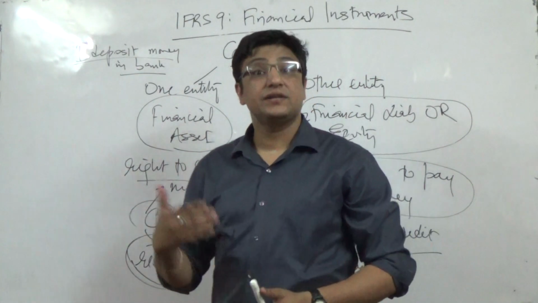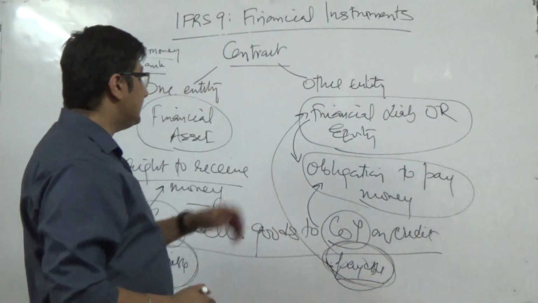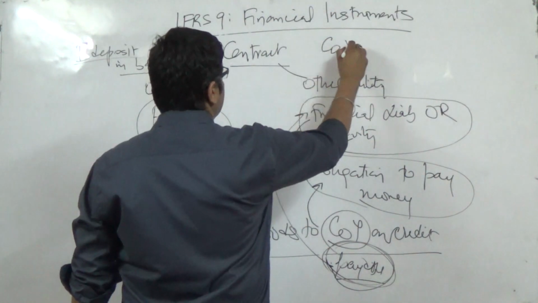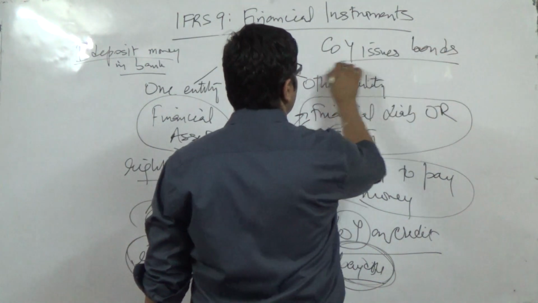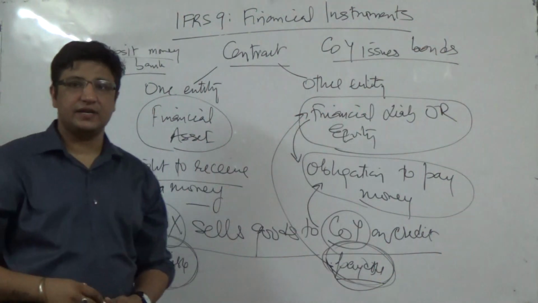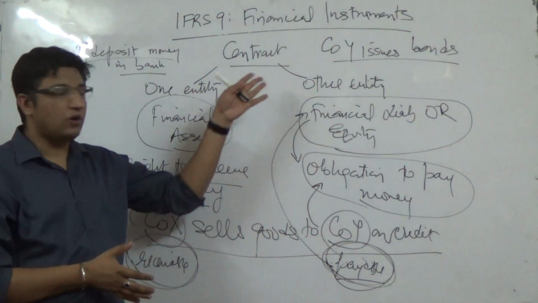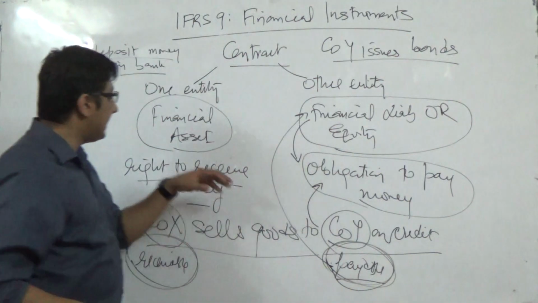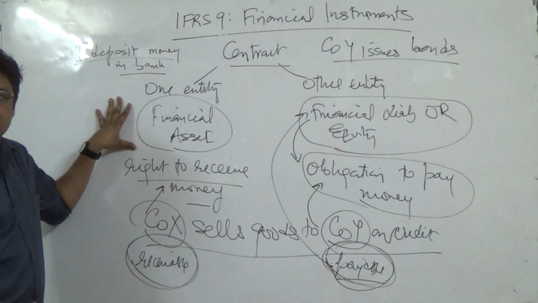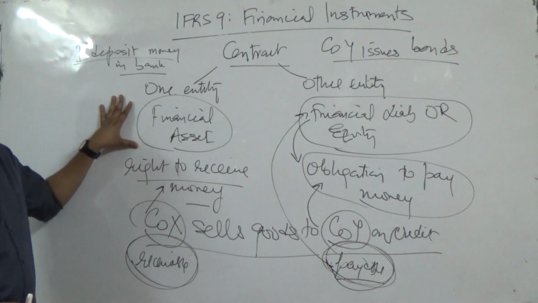Right? Take another example. Let us say that company Y issues bonds. So there are a lot of people who buy the bonds in company Y. For those people, it's a right to receive money, a financial asset. Upon maturity, they can claim the money from the company.